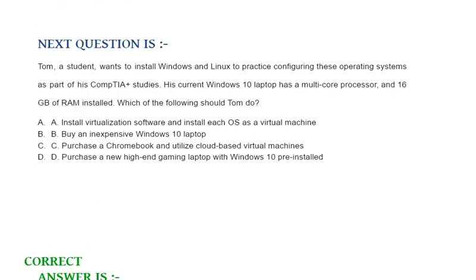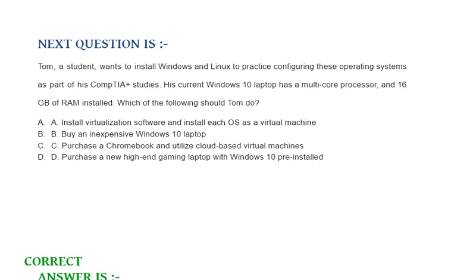Next question is, Tom, a student, wants to install Windows and Linux to practice configuring these operating systems as part of his CompTIA A+ studies. His current Windows 10 laptop has a multi-core processor and 16 GB of RAM installed. Which of the following should Tom do?